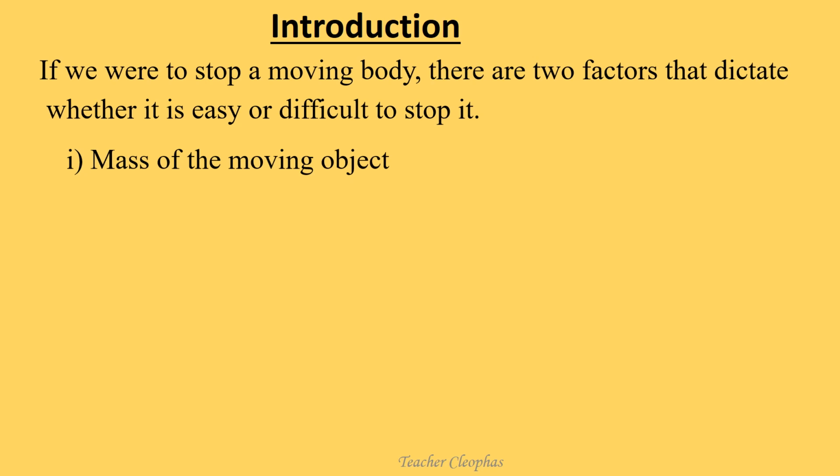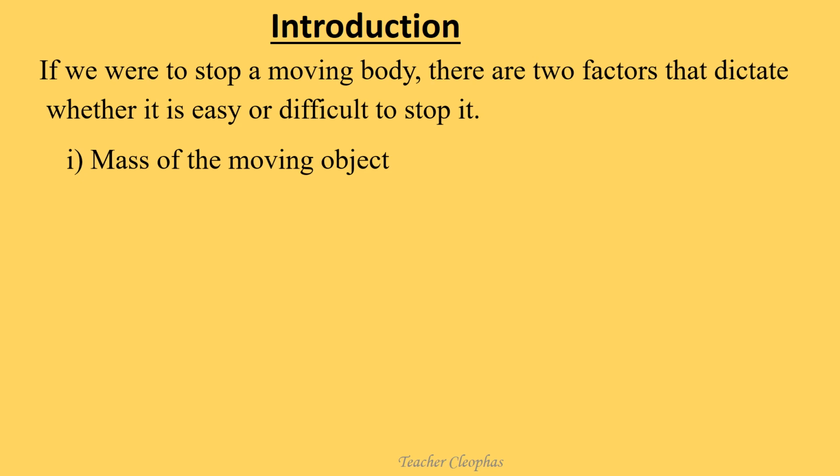In this, we could say that it is easier to stop a smaller object that has a lesser mass as opposed to stopping a very big object having a bigger mass. For example, it is easier to stop a table tennis ball than to stop a cannonball, because a cannonball has a bigger mass.